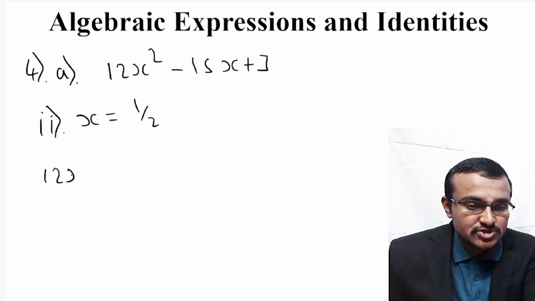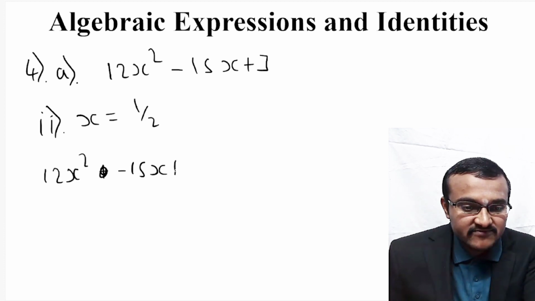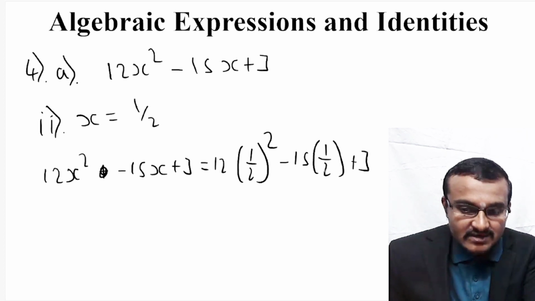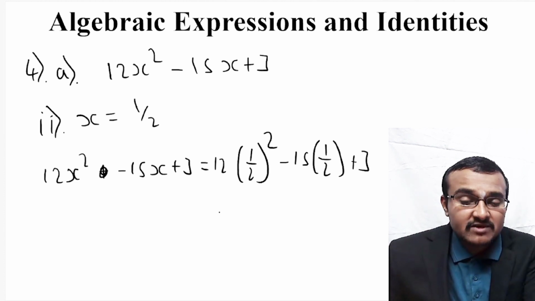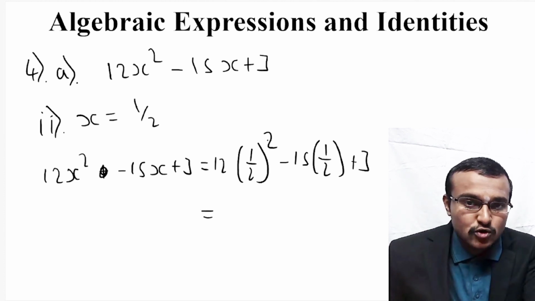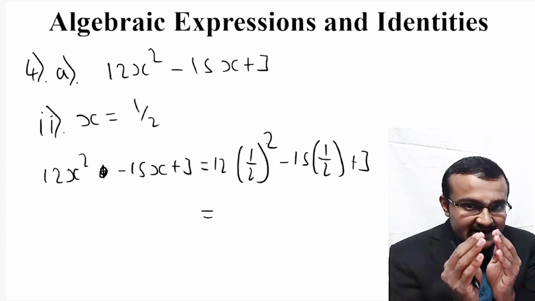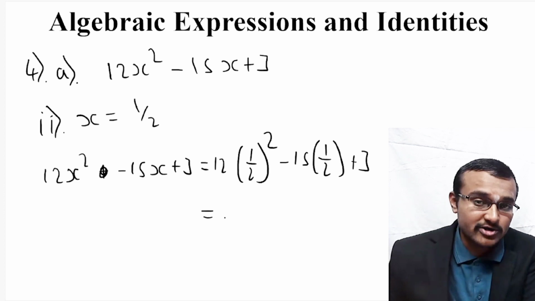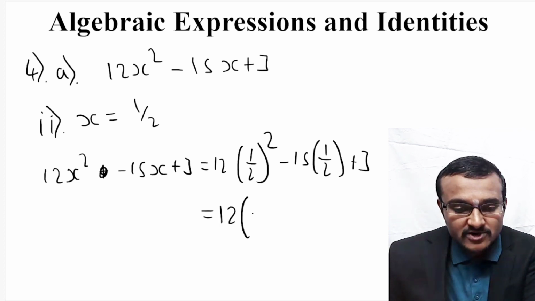So when you substitute x as 1 by 2 in 12x square minus 15x plus 3, you will actually get 12 into 1 by 2 whole square minus 15 into 1 by 2 plus 3. Here you can actually solve this 1 by 2 into 15 will be 15 by 2. Here 1 by 2 whole square. First you should solve that bracket thing and then only you should actually multiply that with 12 according to the BODMAS rule. So first we'll solve what is there in the bracket.